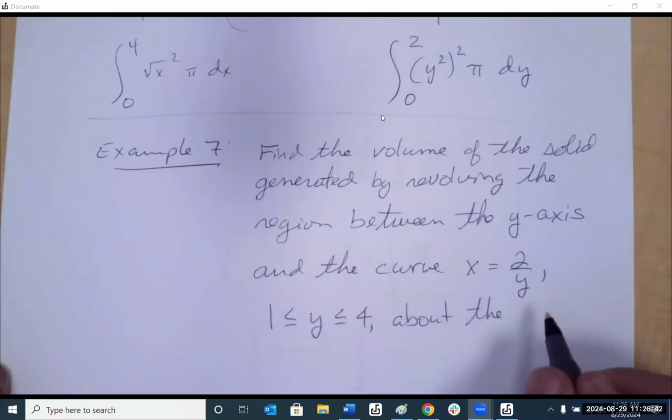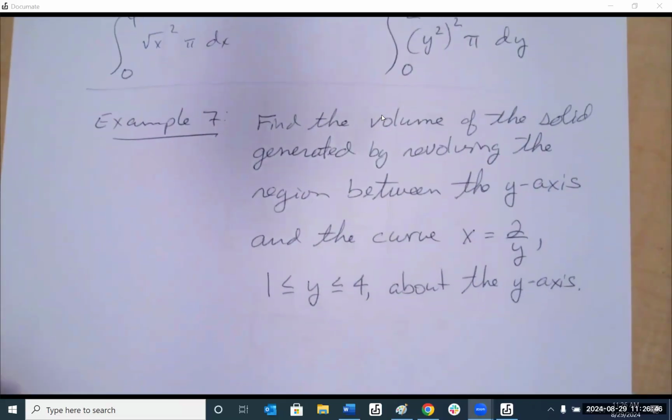About the y-axis. But fortunately, it gave us everything we need in the order we need it.